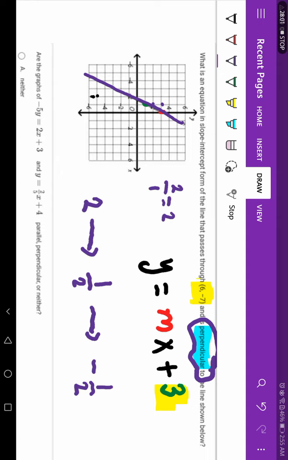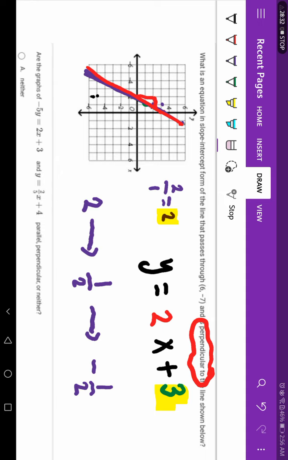If you want to write this line's equation, you just write like this. The slope is 2. Good. But he asks you about the perpendicular line for this graph. For the perpendicular, I take the slope of this line and I find the opposite reciprocal.